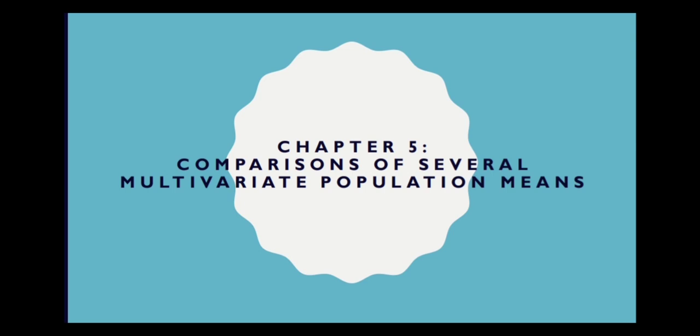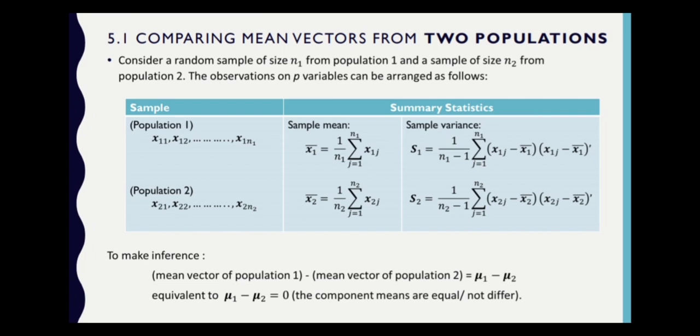Alright. Okay. So, the first topic adalah comparing the mean vector from two population. Untuk dua population sahaja. Okay, after this we can see if we have more than two population. Okay, so if we have two population, kita tengok dulu dia punya descriptifnya.